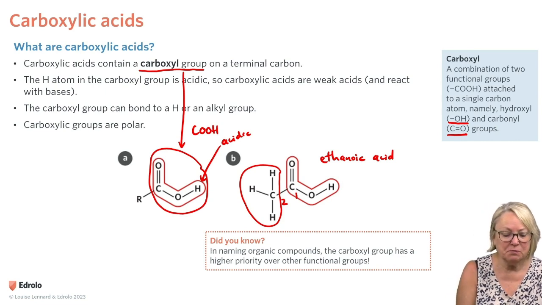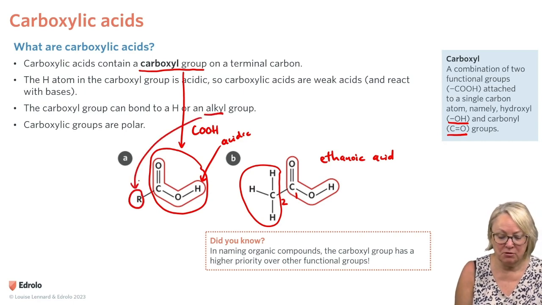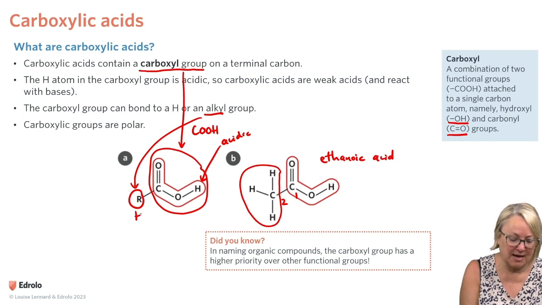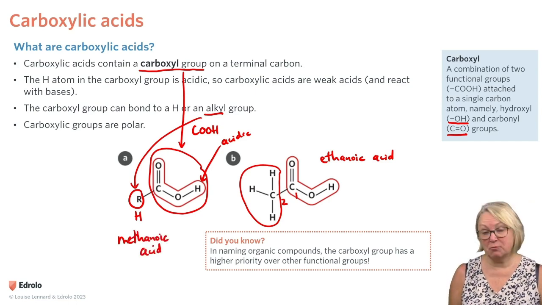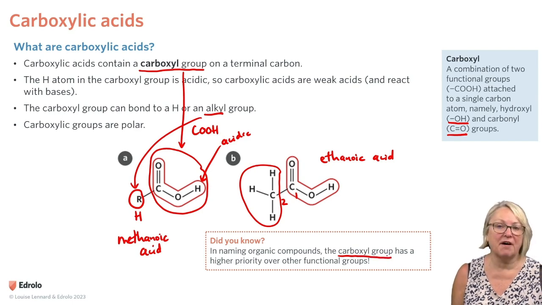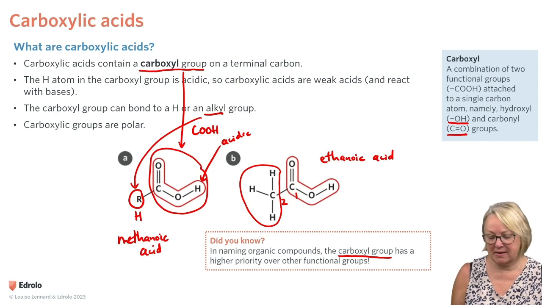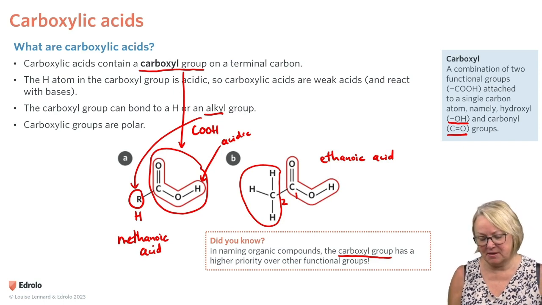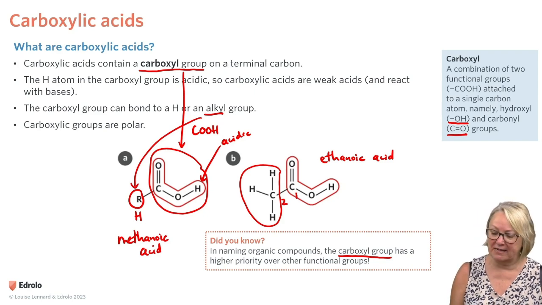The carboxyl group can bond to an alkyl group, where R is the rest of the molecule, or to a hydrogen atom. And if this was a hydrogen atom, this would be methanoic acid. Did you know that when we get to naming, the carboxyl group has a higher priority over any other functional group? So it automatically infers that the carbon that's part of the carboxyl group is carbon number 1.